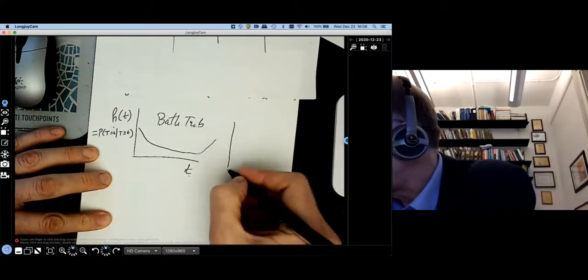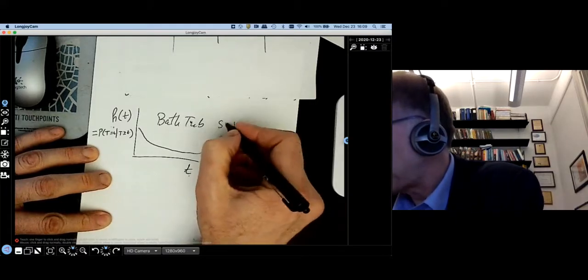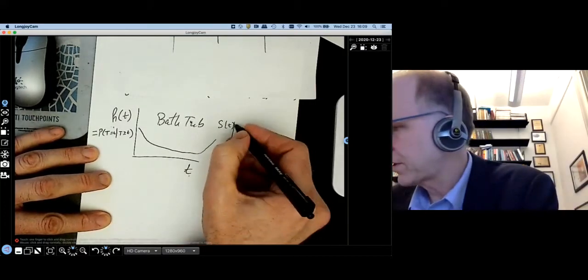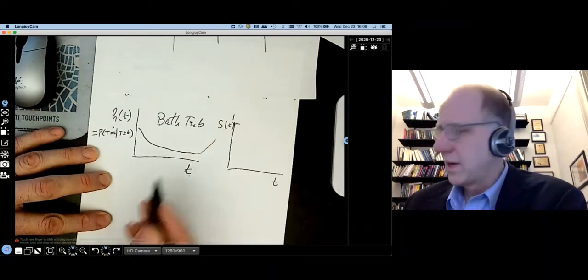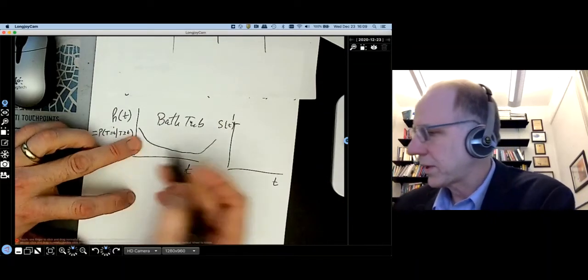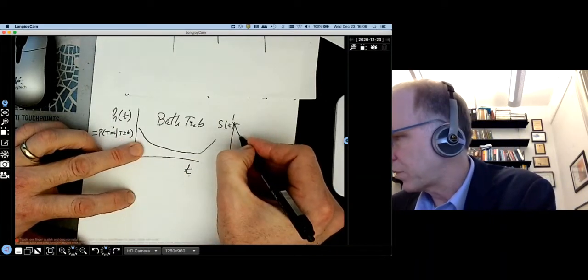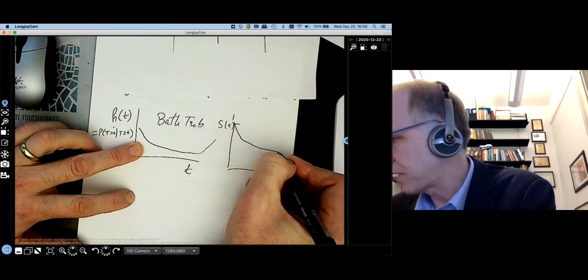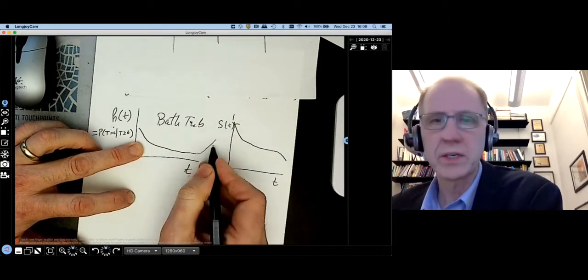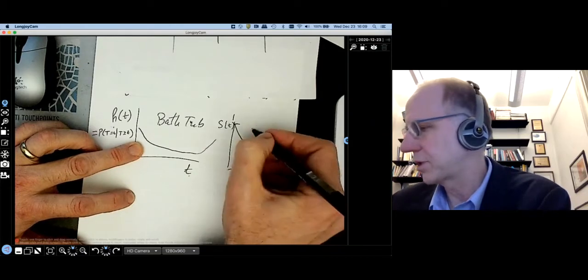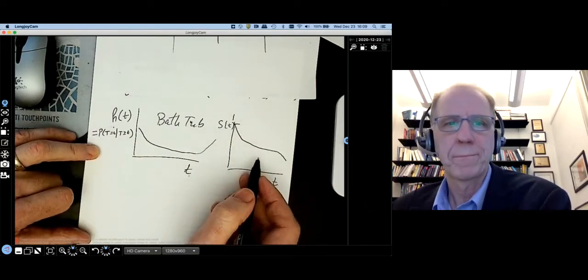We can also study this by looking at the survivor function. The survivor function starts at value 1. In this case, it's going to drop very quickly, and then drop more slowly, and then drop more quickly again. So this would be a bathtub-shaped hazard function.